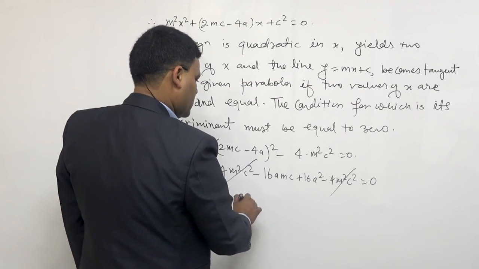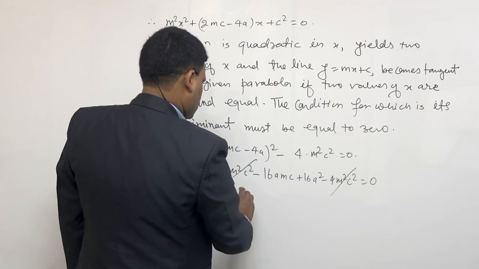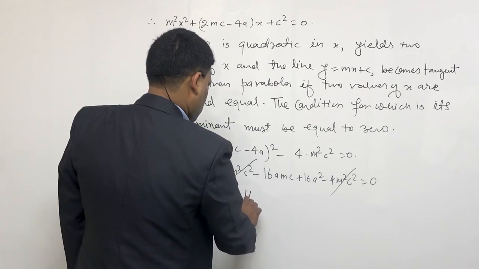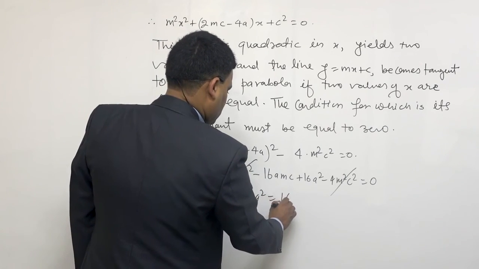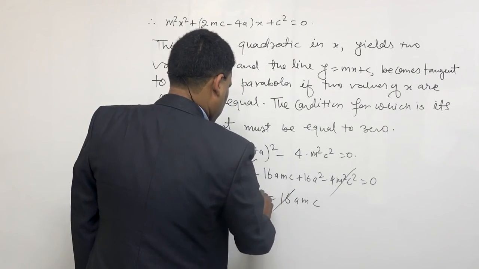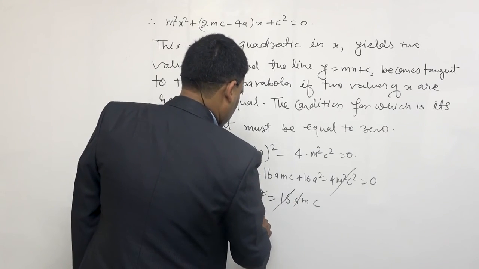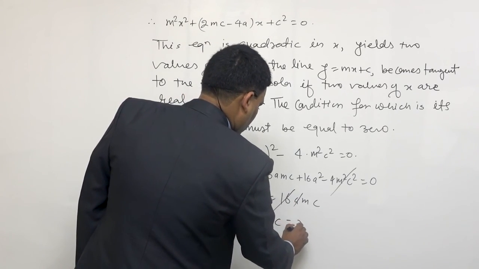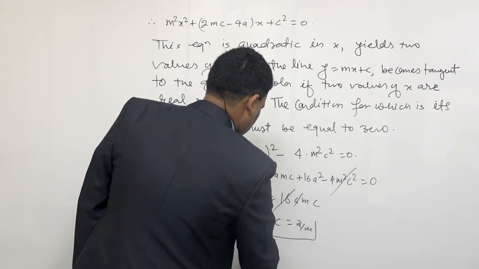or you cancel by 16a: 16a square equals 16amc, 16a cancel, therefore c equals a by m.